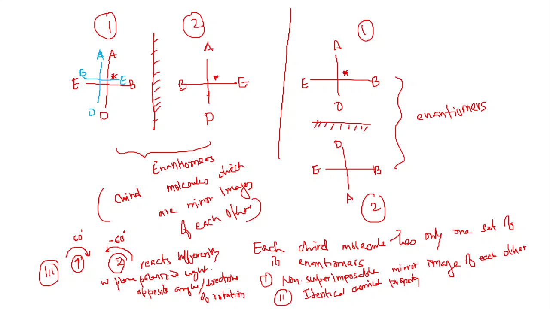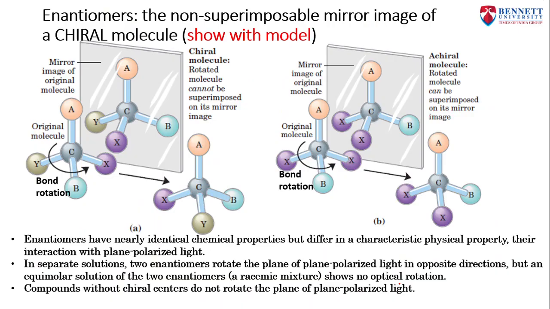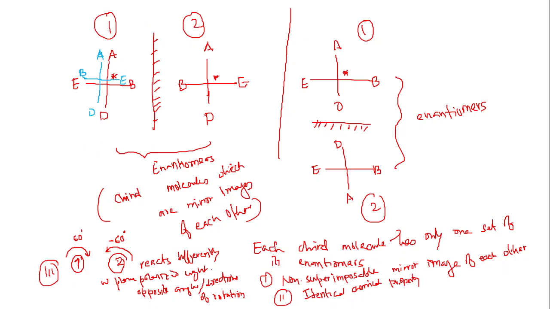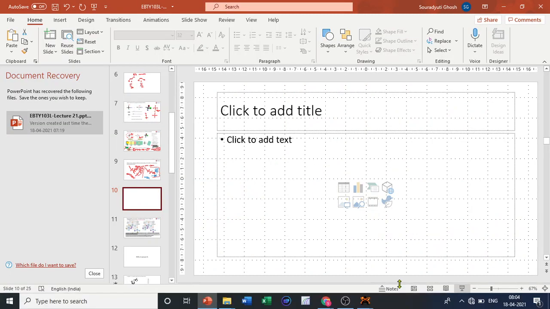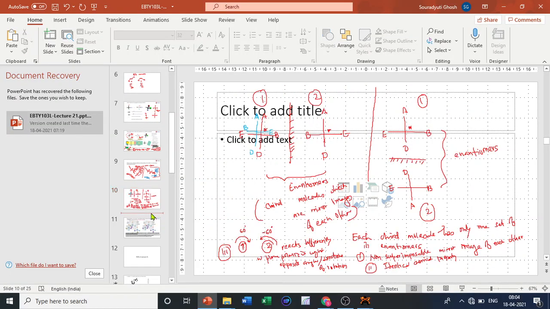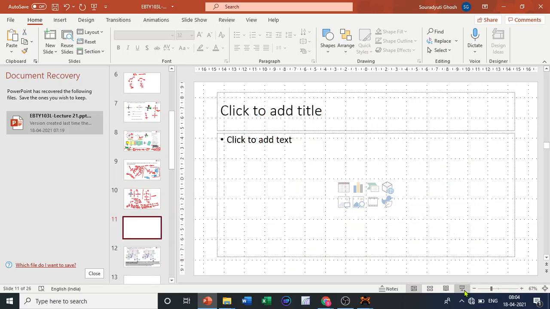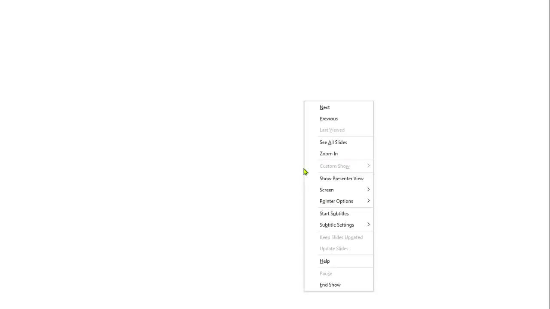So we will prove something using a 3D image, that this non-superimposable mirror image will not be true if it is not a chiral molecule. So we'll quickly show a new slide and prove it. First I will show you using just a drawing, then we'll go to the 3D model.